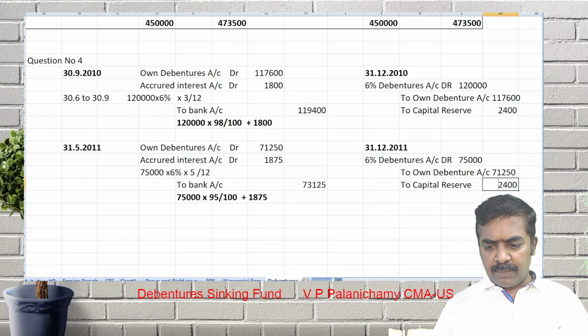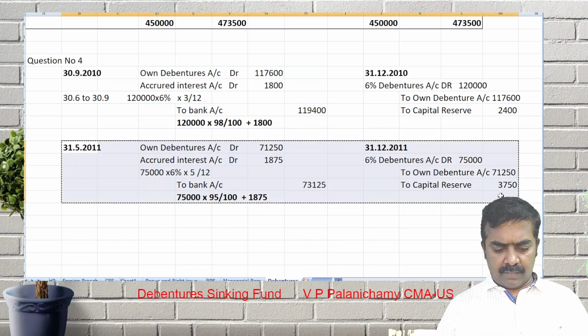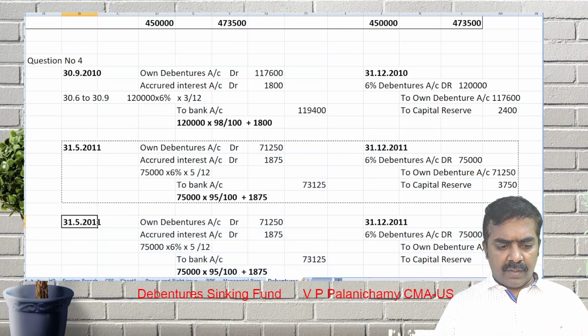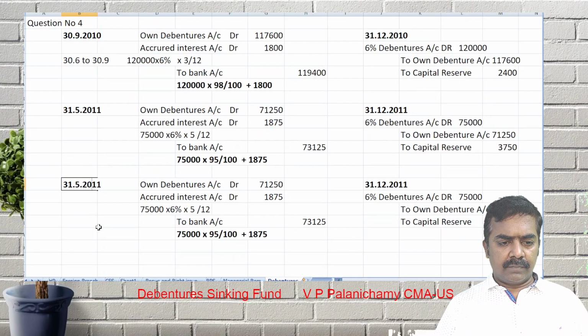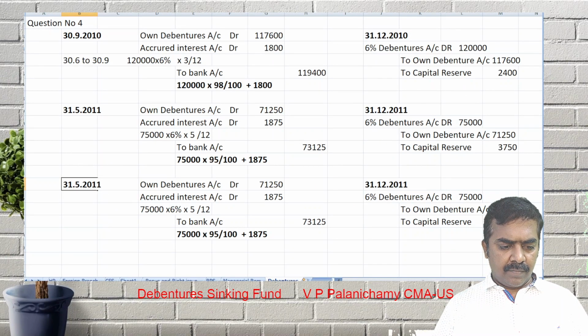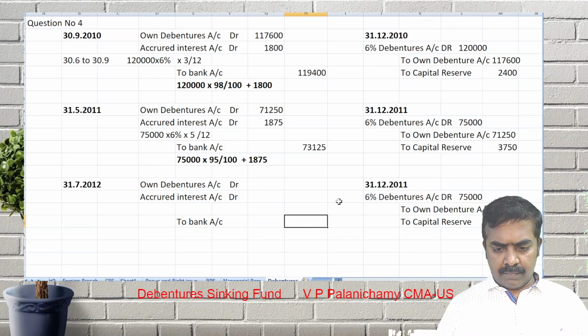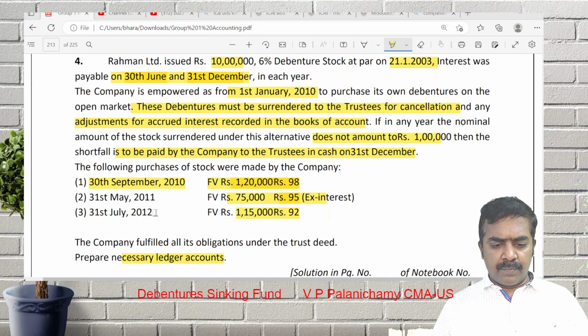To capital reserve எவ்வளோ வரும்? 3750. Again எப்போ purchase பண்றோம்? When are we purchasing again? July?